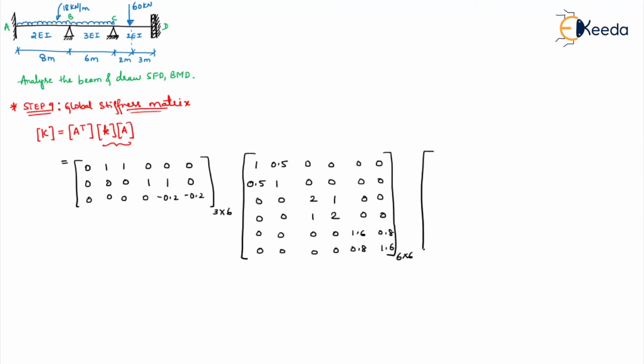You have to multiply this with your A matrix, which is a 6 into 3 matrix.